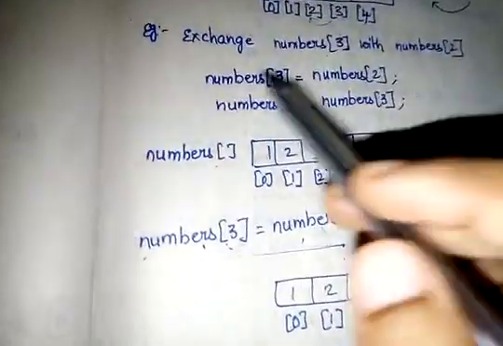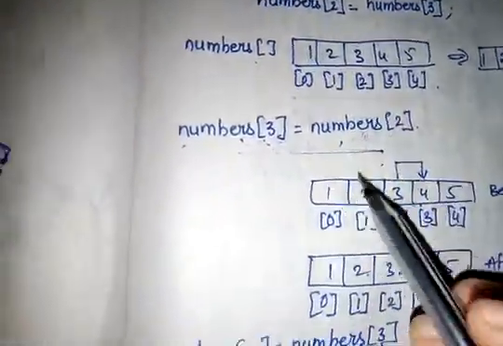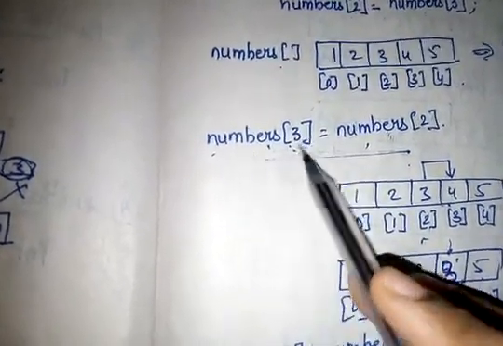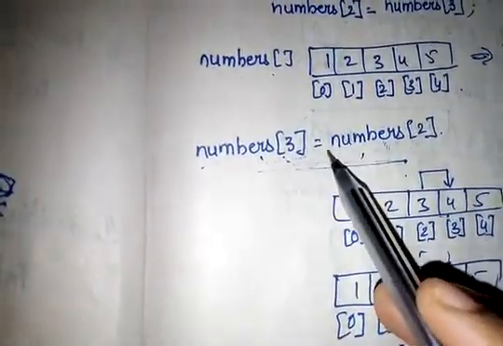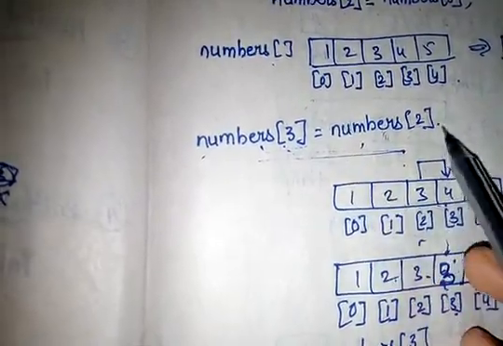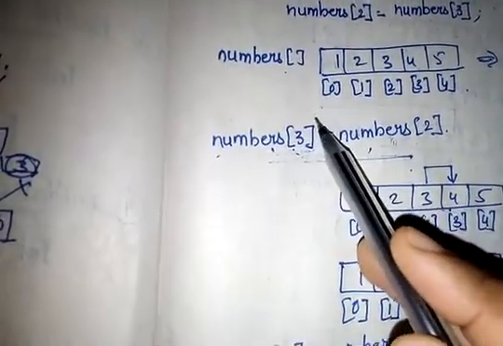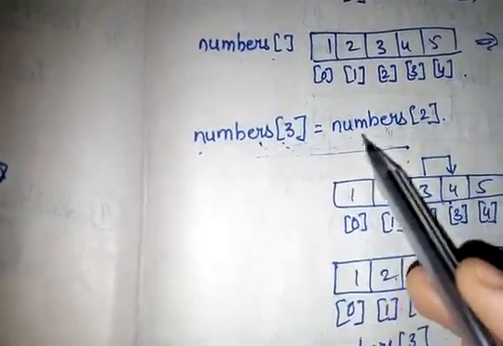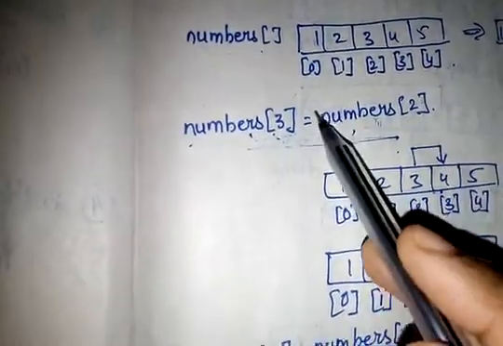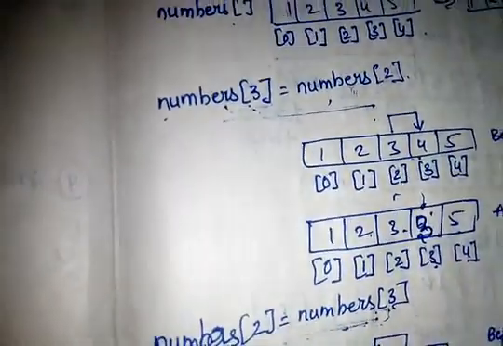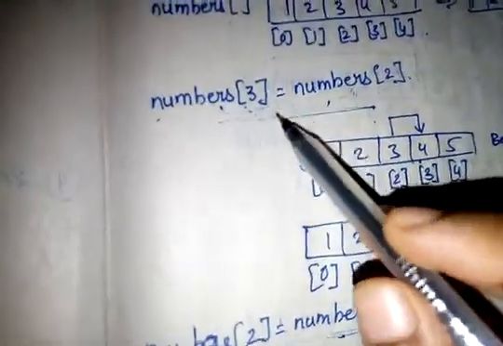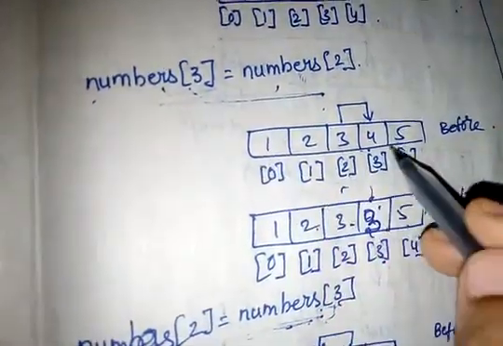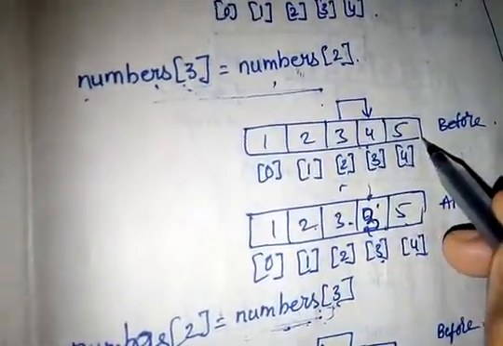So let us see with these two statements what will happen with our array. Numbers of 3 is equal to numbers of 2. When we write an assignment statement, the right side value will be assigned to the left side variable. So numbers of 3 will be assigned the value present in numbers of 2. Before this statement is executed, the original array is 1 2 3 4 5.